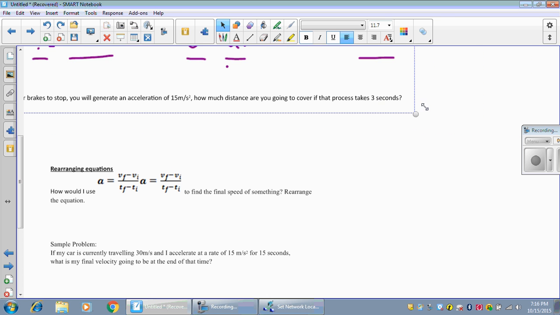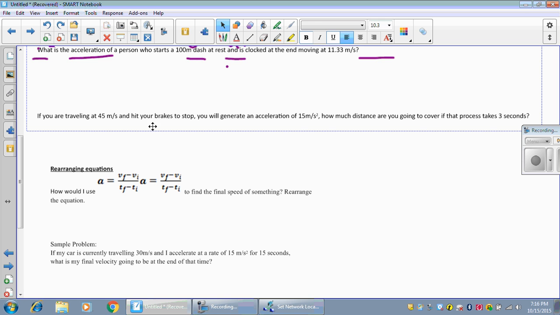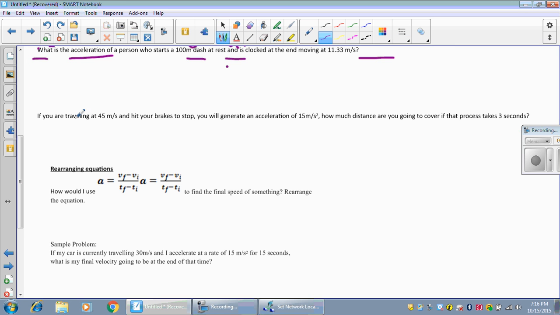Here we go. All right, try this one out. Pause it, try it. If you are traveling 45 meters per second, you hit the brakes to a stop. Brakes to a stop, that means you have a negative acceleration. And to a stop means velocity final is 0, right? Meters per second over here, velocity initial, right?